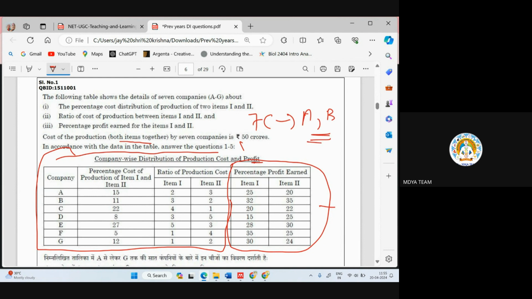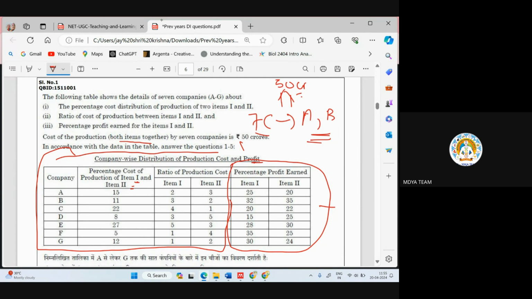Cost of production for all these seven companies is how much? 50 crore. Okay. Now 50 crore is the cost of production for all these seven companies. Here it is written cost of production of item 1 and item 2. Means every company is producing two items. So this is the cost of production company wise.